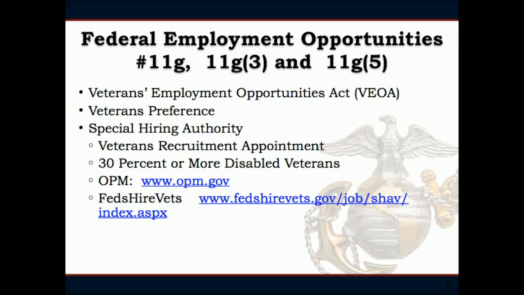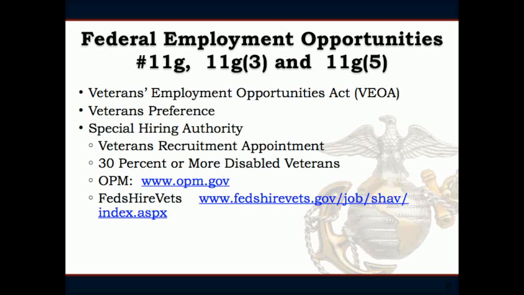The Veterans Recruitment Appointment, VRA, is a special authority where agencies can appoint an eligible veteran without open competition. To be eligible for VRA, veterans may be appointed to a position they are qualified for up to GS-11 or equivalent. If the veteran has 2 years of satisfactory employment, the veteran is then converted to a career conditional job.